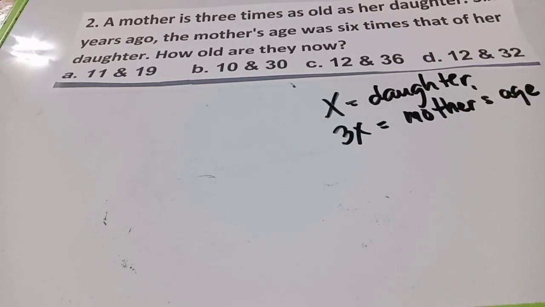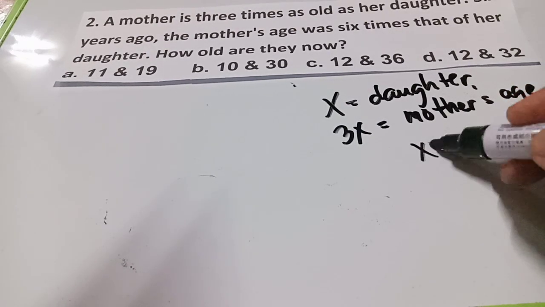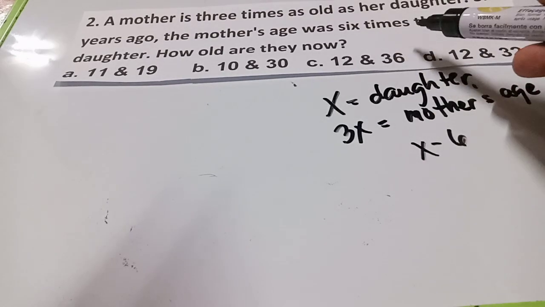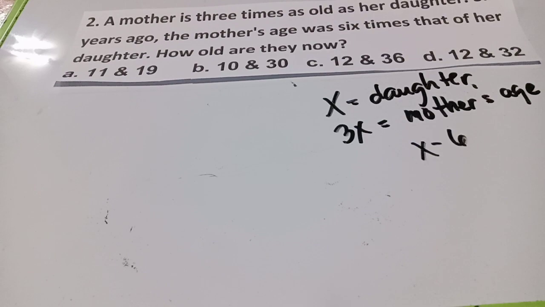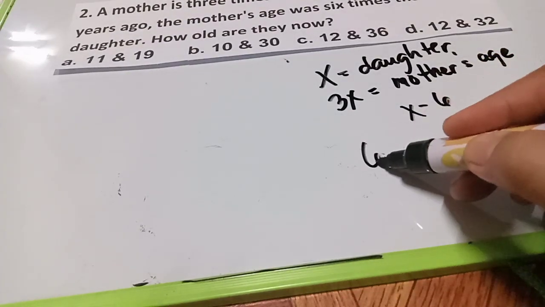And then after that, we know that the mother is 3 times as old as her daughter, and 6 years ago, how do we present 6 years ago? We have x minus 6. So the mother's age is 6 times that of her daughter.